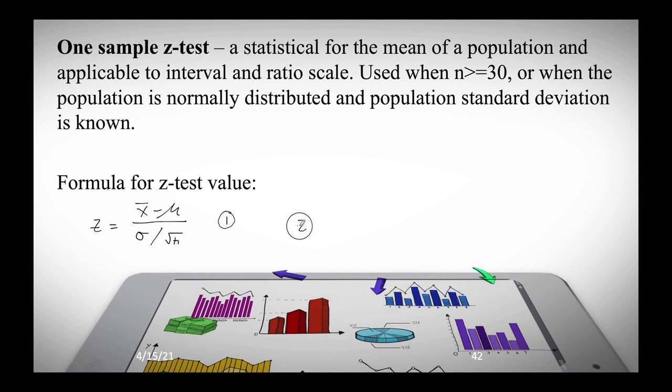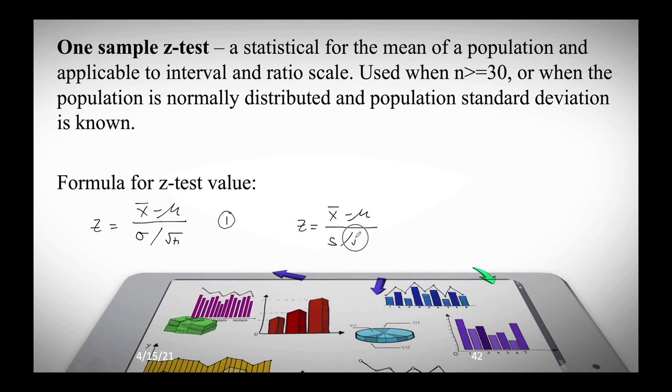For the second formula, for the value of z, we have here the x bar minus mu all over s, or s stands for sample standard deviation. Please recap your basic statistics. When we say sigma, small sigma, this is population standard deviation, and letter S stands for sample standard deviation.